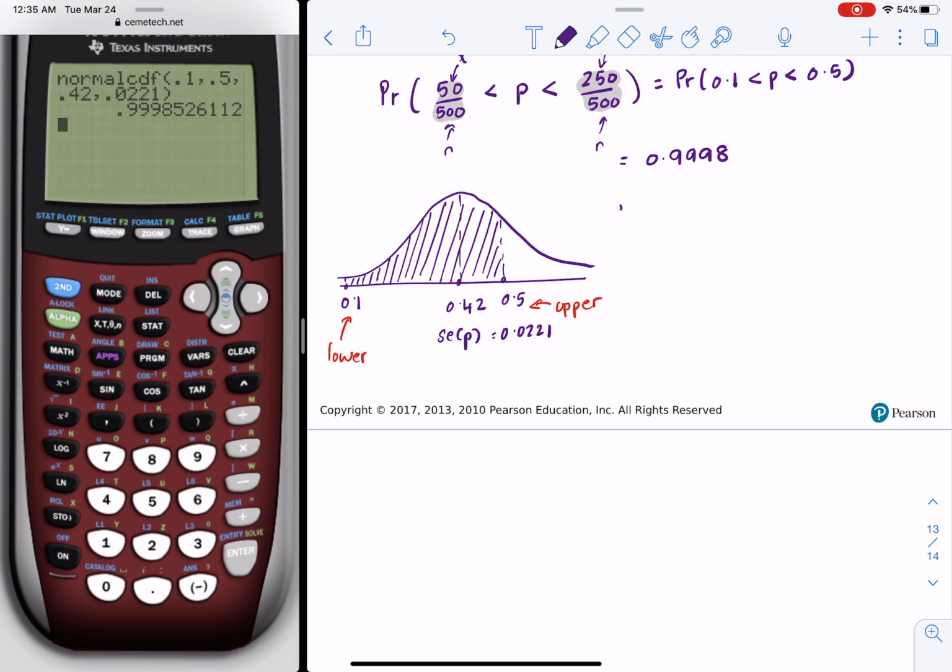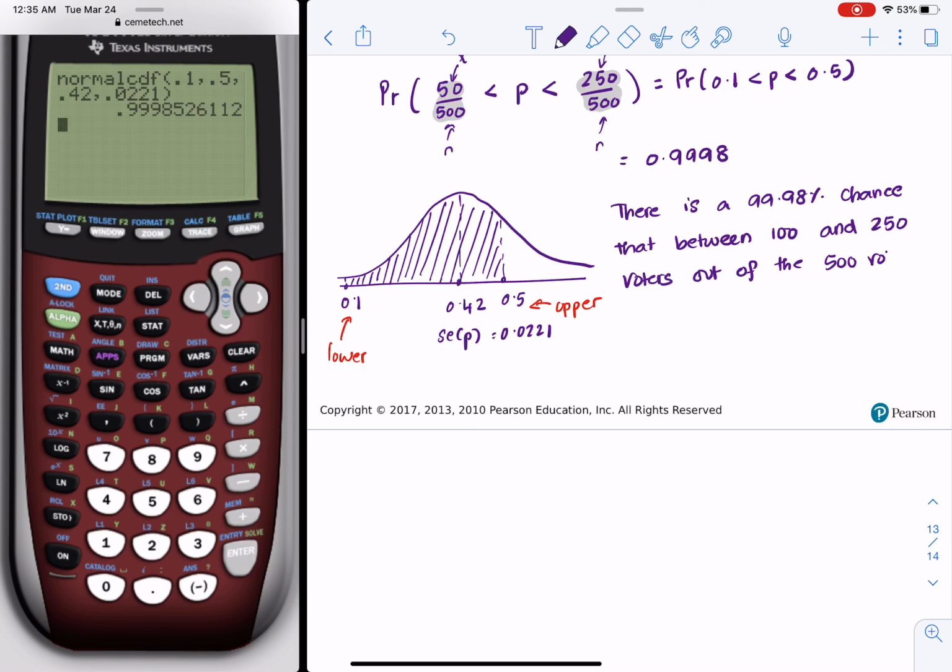In other words, there is a 99.98% chance that between 50 and 250 voters out of the 500 voters would approve of gay and lesbian couples getting married.